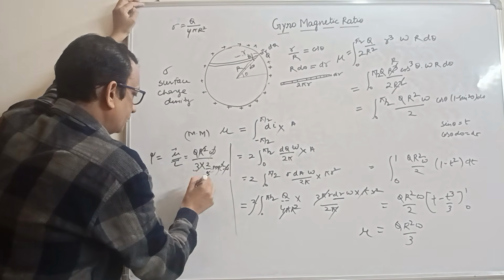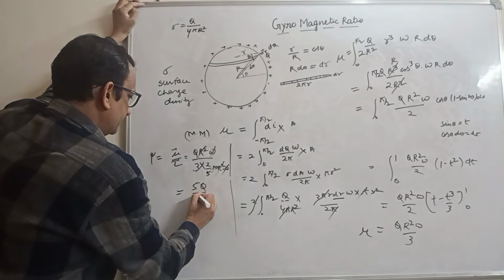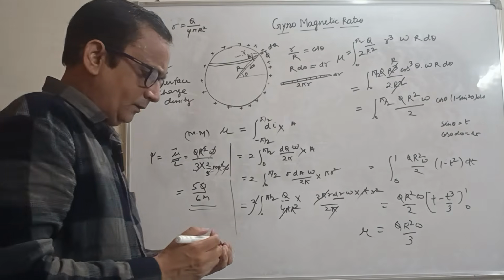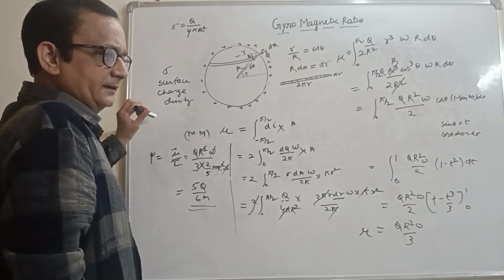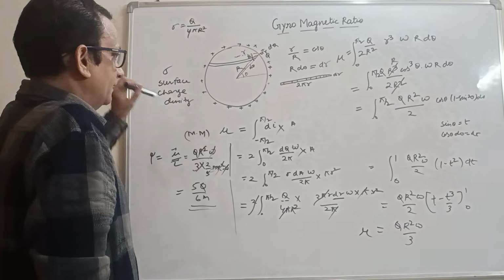Omega and r square cancel out. So this becomes 5q by 6m. This was asked in 2026 IIT JEE Advanced.